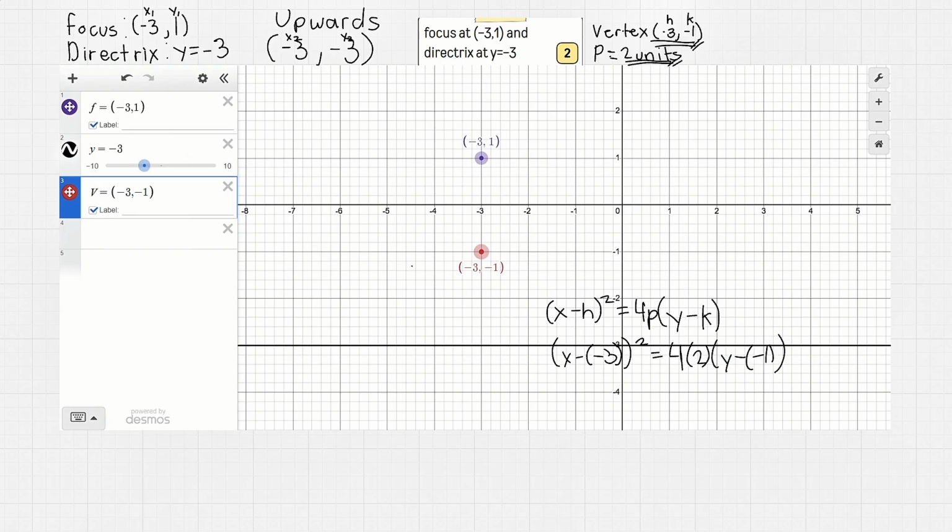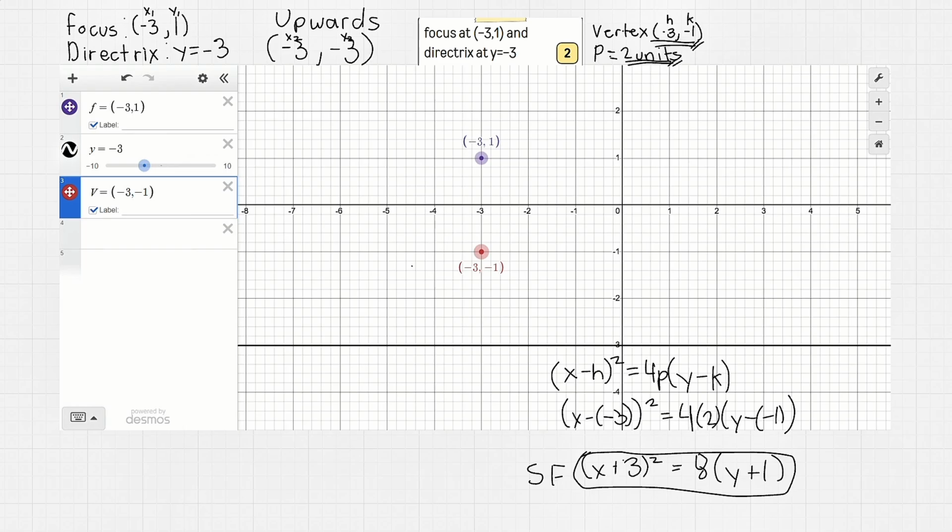Now we can simplify. (x plus 3) squared, negative times negative will be positive, equals 4 times 2, 8, times (y plus 1). Now, this is our standard form.